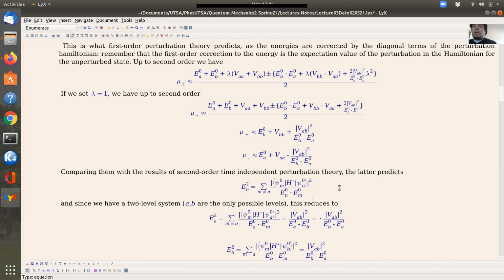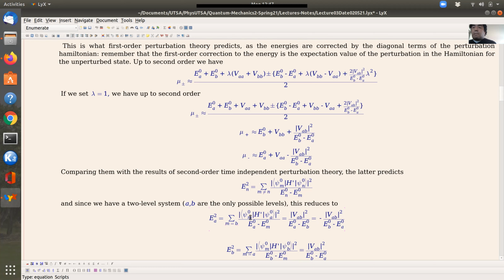minus E0m. Now, in our problem, we have only two possible levels, which are A and B. And so in this two-level system, saying that you consider all states different to the one that you care about means just taking the other, right? So basically, this means that the second order correction to the A level is the sum over all states not A, which means taking only the state B for m equal to B. So of psi 0m H prime psi 0a squared divided by E0a minus E0m.